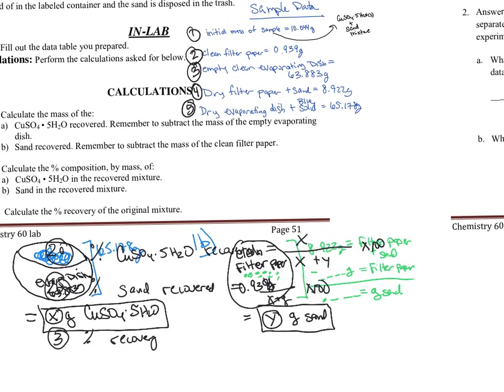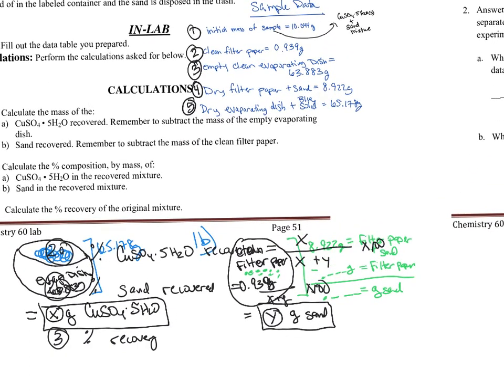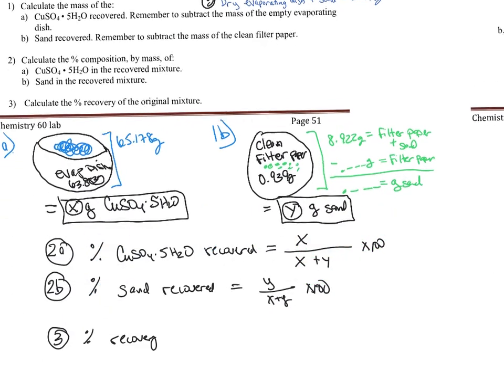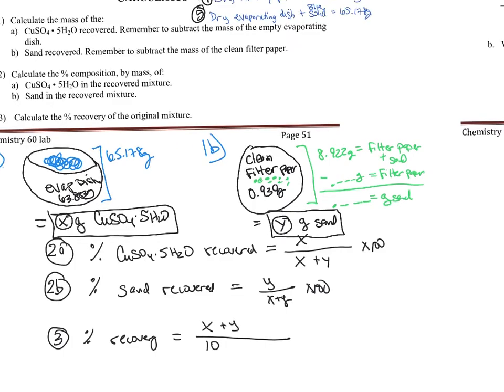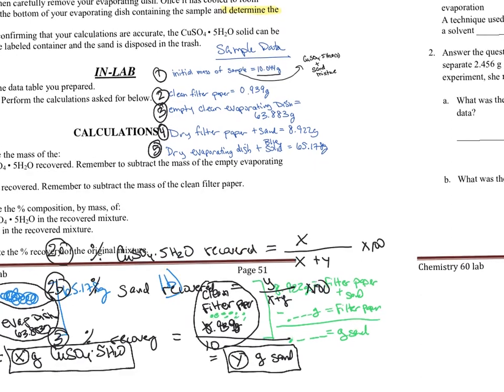So the initial mixture that I'm starting with, I can see that is my 10.044 grams. Percent recovery, then, is what we got back, which is X plus Y, divided by our initial mass. And we said that was, in my case, 10.044 grams.